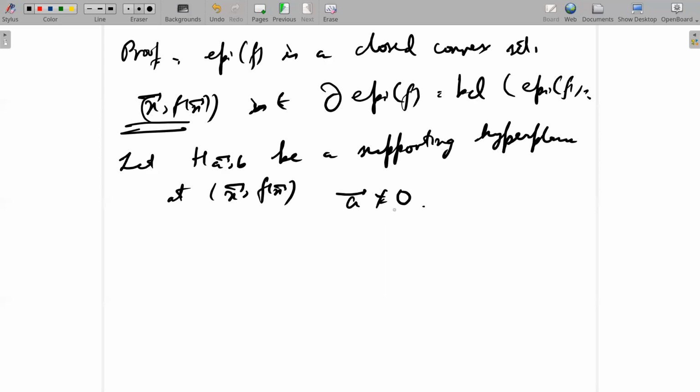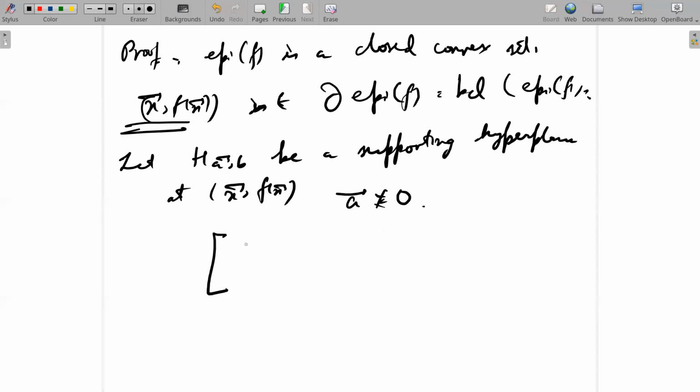Typically, that's how we define all these affine hyperplanes, because if a is 0, then it is either empty or it is the whole of R^n. So we are always assuming a is not equal to 0 for supporting hyperplanes.